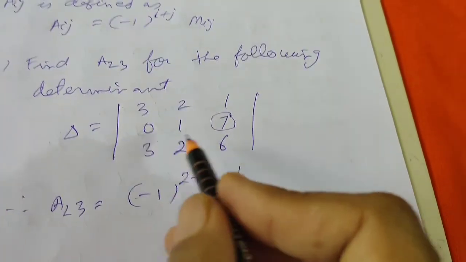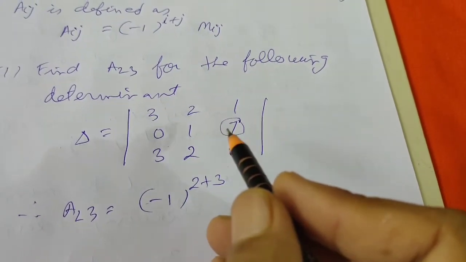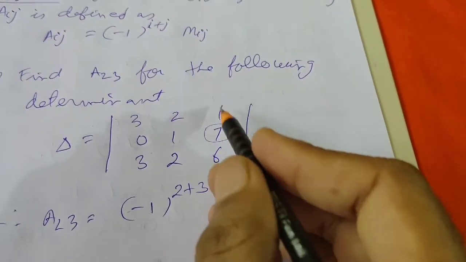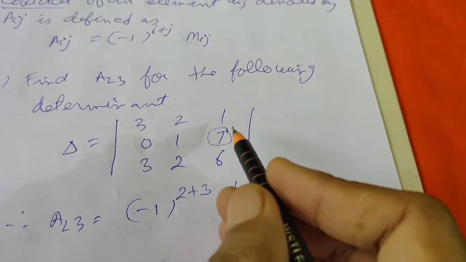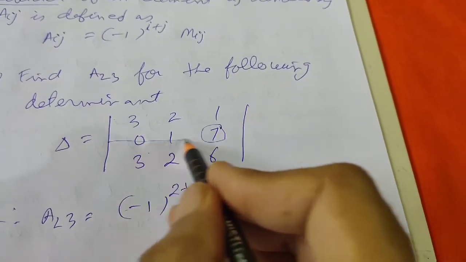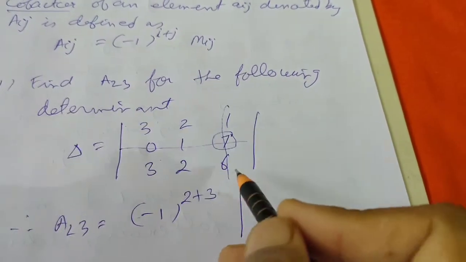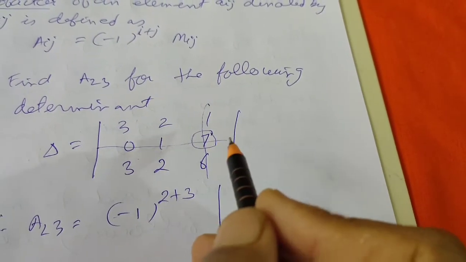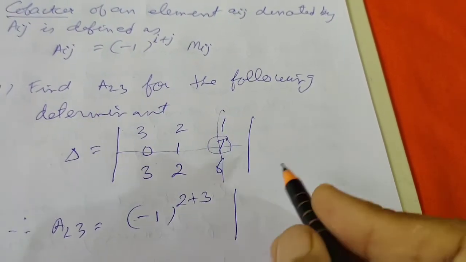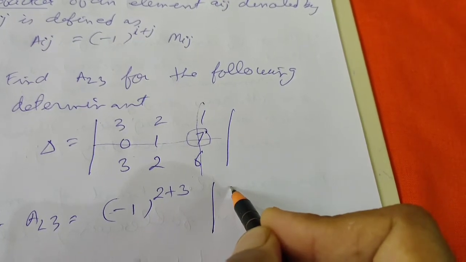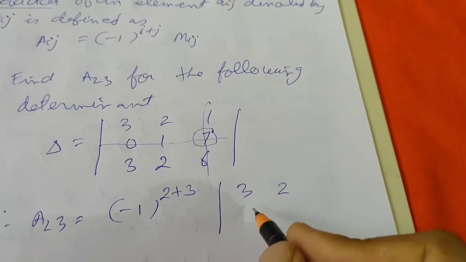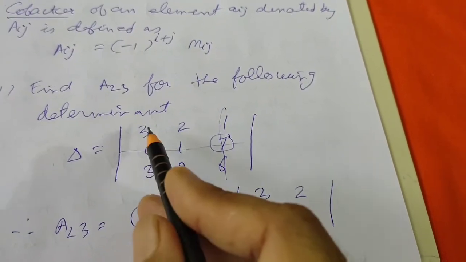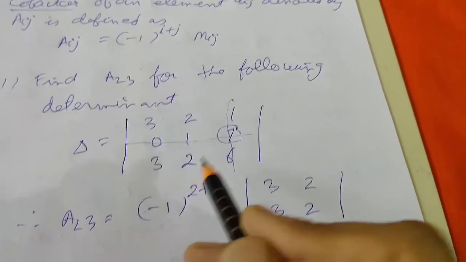The minor is obtained by cancelling out all the elements of the row and the column in which 7 lies. 7 lies in the third column and second row, so cancel them out. As I told you earlier, do not do this on your answer sheet; do it orally only. The remaining determinant will be 3, 2 and 3, 2.